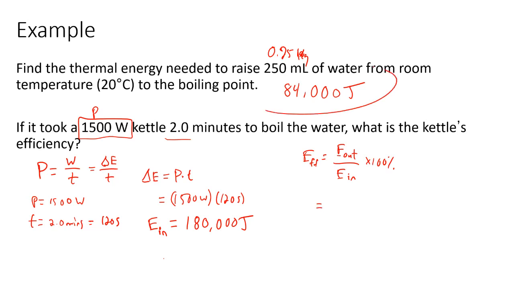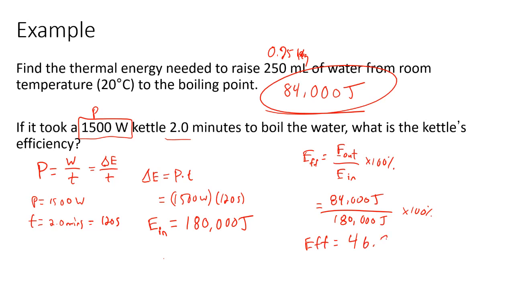The energy output is what we found earlier, 84,000 joules. As a comparison to how much energy goes in, we find that number as a percent, and we find the efficiency of this kettle is about 46.7%. Efficiency is just a comparison of your output to your input.